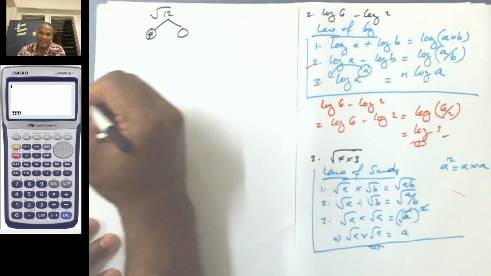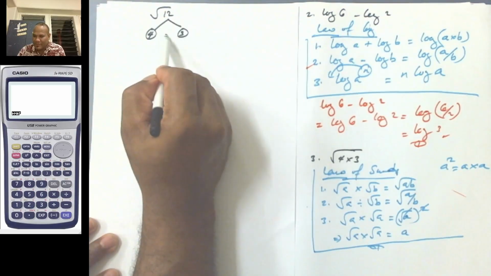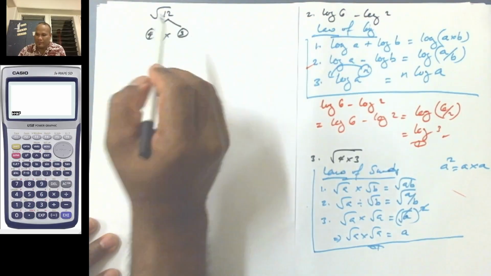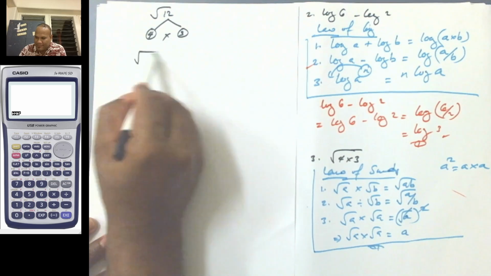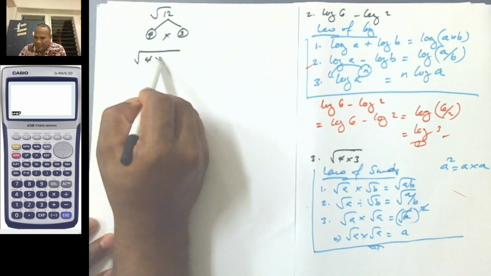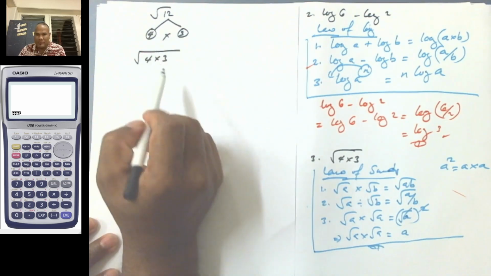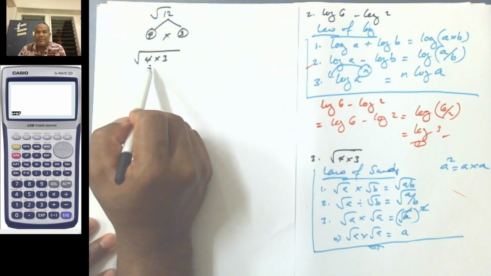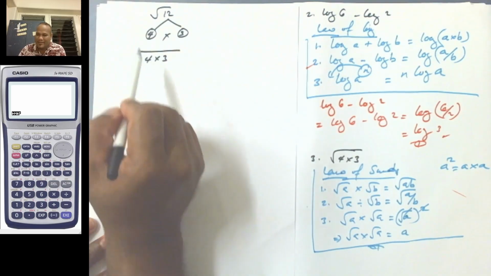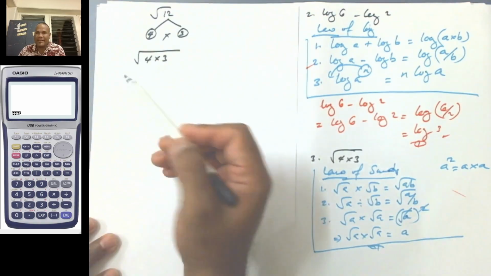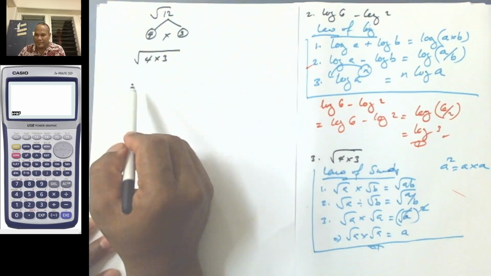I've explained it in our last video. So 4 times 3 gives you 12. Why am I choosing 4? Because 4 is a square number inside 12.